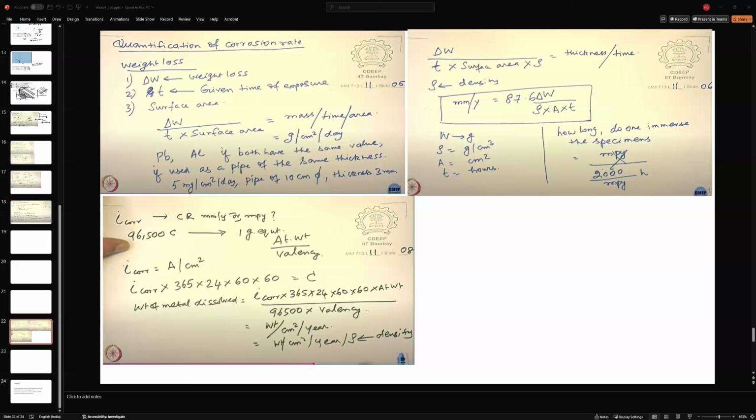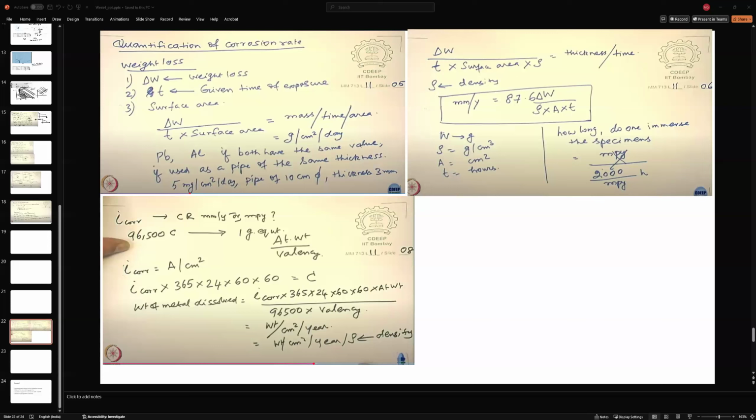In the eighth question, the next assignment you're given, this is related to the linear polarization plot. So you have the slope, which relates to the resistance R value.